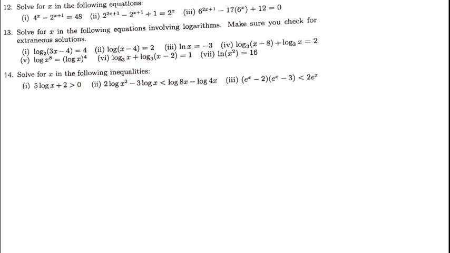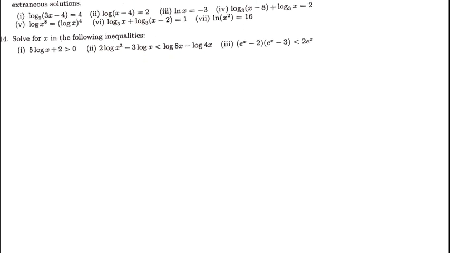Okay, so I'll start with the first one. Since I have solved those other ones, to create space, I will do it like that. So it is log base 2 of 3x minus 4 is equal to 4. This is very simple. In this case, just change this to exponential.